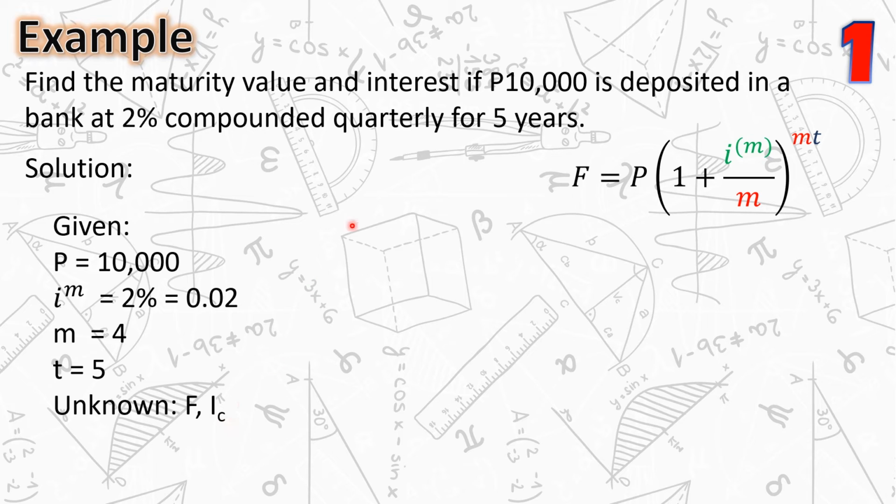Let us substitute the values to find F. That will be 10,000 pesos for the principal times the quantity 1 plus 0.02 for the nominal rate over 4 for the frequency of conversion, and then m times t is 4 times 5.